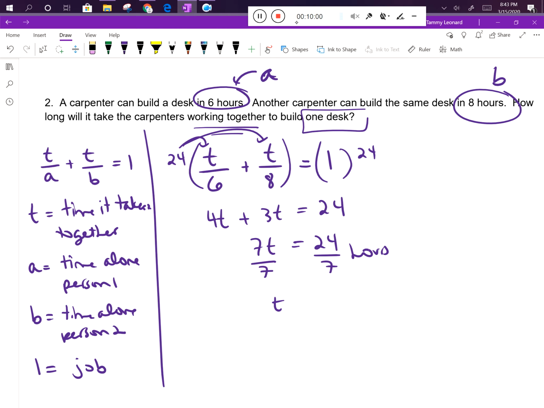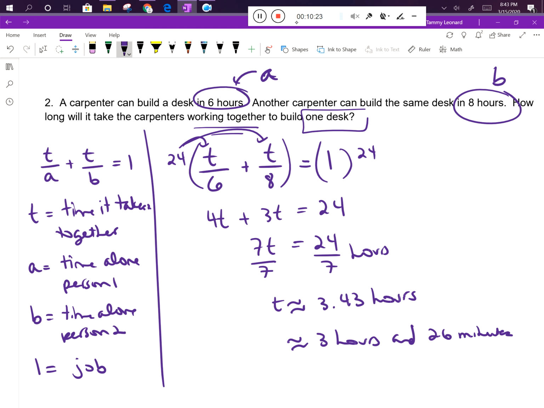So this is approximately equal to 3.43 hours, which makes a bit more sense. Or I might even take that 0.43 and multiply it by 60 minutes, and we could say it takes approximately 3 hours and 26 minutes. That would make more sense.